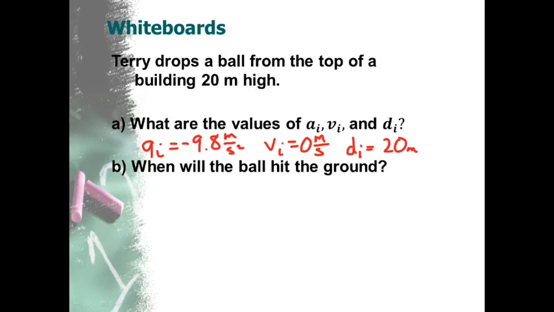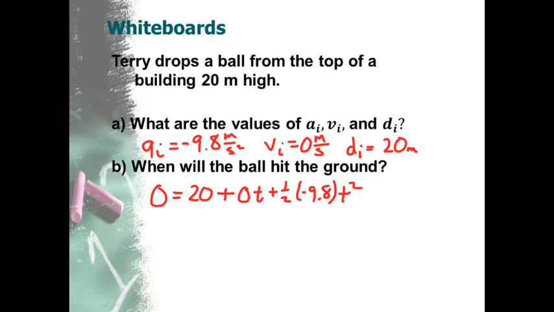All right, so when will the ball hit the ground? Well, the ball hits the ground when the distance as a function of time is equal to 0. And so that will turn out to be 20 plus 0t plus 1/2 times negative 9.8 t squared.